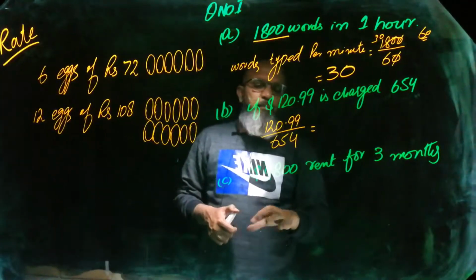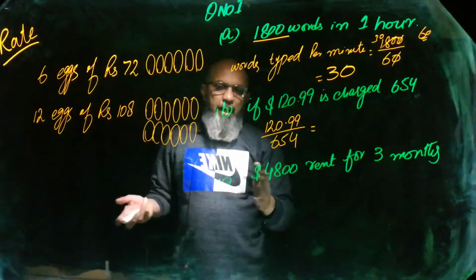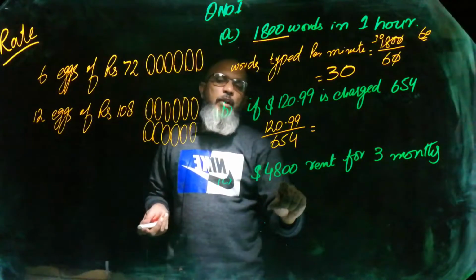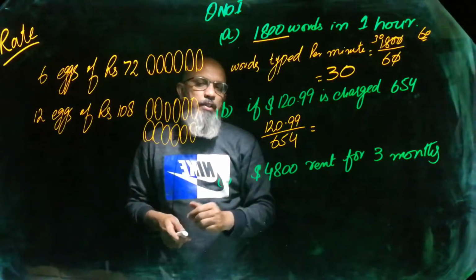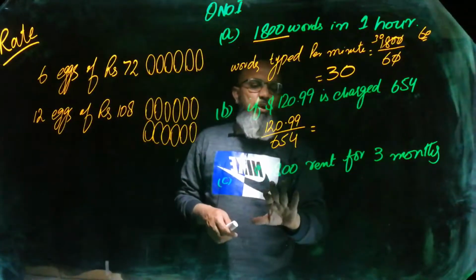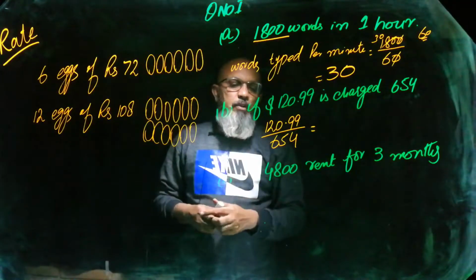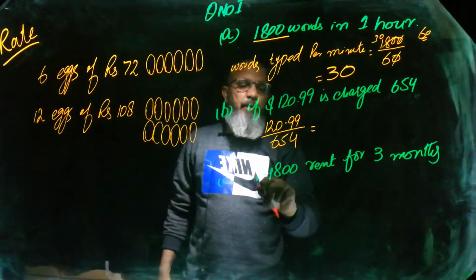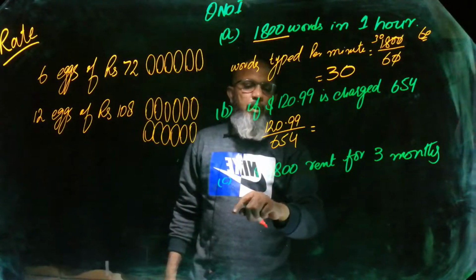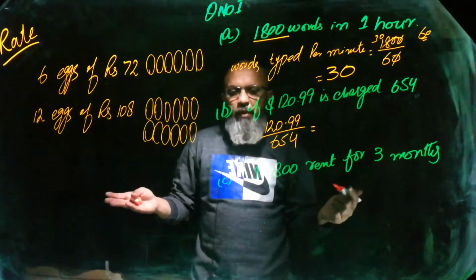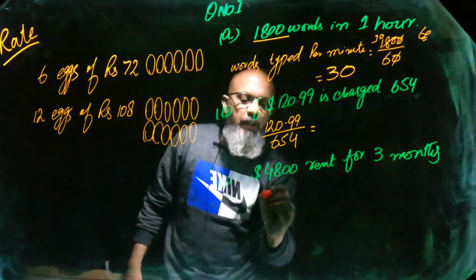In part C, the rent for a flat for 3 months is $4,800. What will be the rent of the flat for 1 month? The total for 3 months is $4,800, so for 1 month we simply divide.